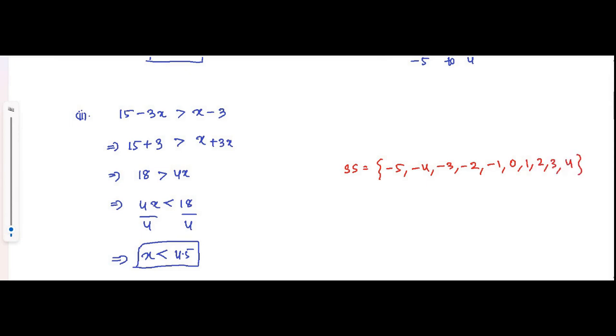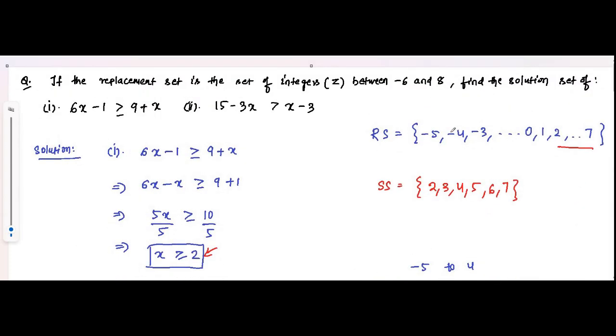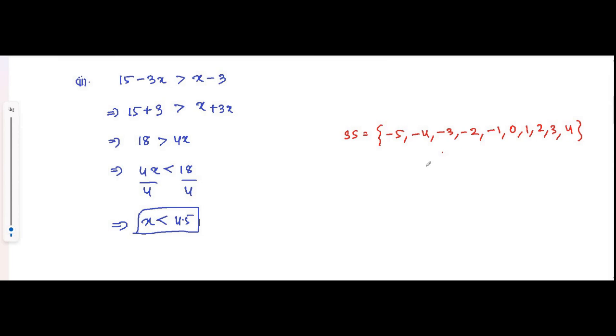This is the solution set which satisfies this criteria. x should be lesser than 4.5 from the replacement set of this. Okay, so this is the solution set and this is the solution of the given inequation.